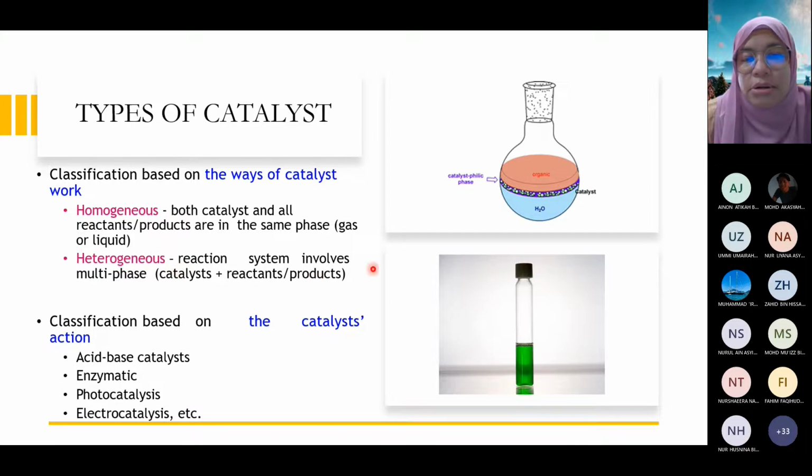A heterogeneous reaction system involves multi-phase catalyst and reactant. So multi-phase can be a solid liquid gas phase reaction. So we call it a multi-phase reaction. Or solid liquid, solid gas. So both are heterogeneous and multi-phase reactions.